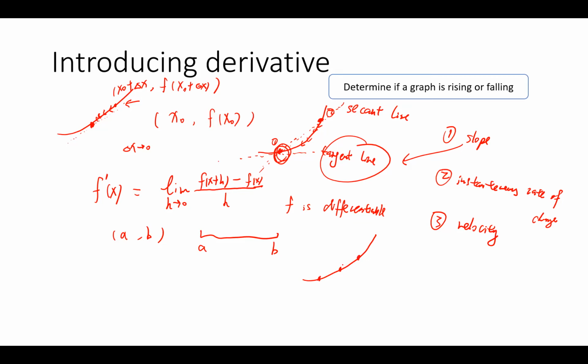The way we would calculate the velocity is just to take the derivative of the location of the object, x, with respect to the time points we have. So this is the formula we have for calculating the velocity, right? So that's basically the different interpretations we have of a derivative.